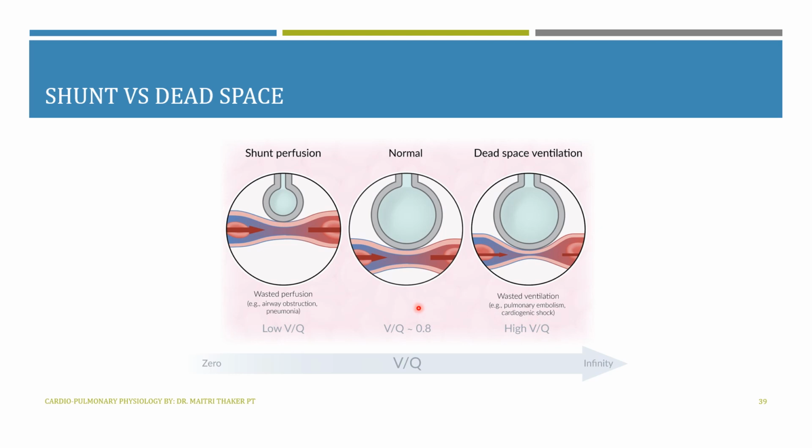While in the normal situation with optimal ventilation and perfusion, the normal value for V by Q, ventilation by perfusion, should be 0.8. That is the optimal value.